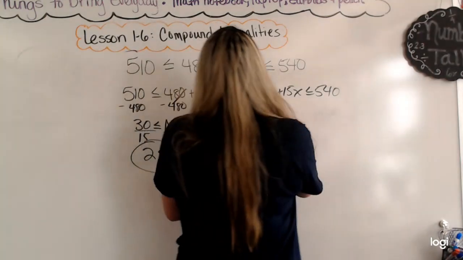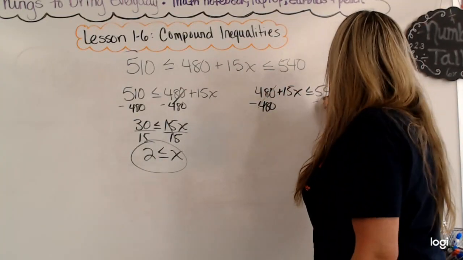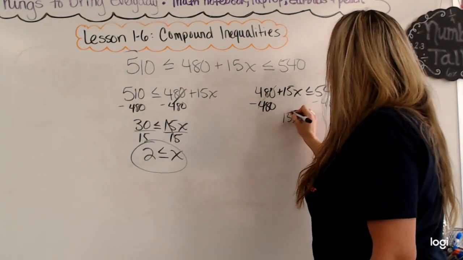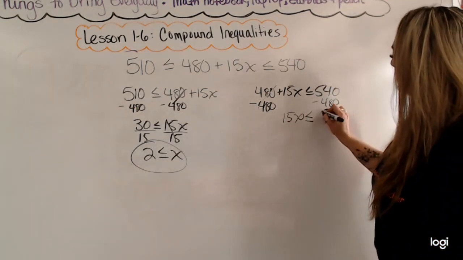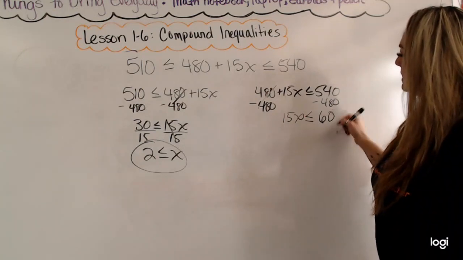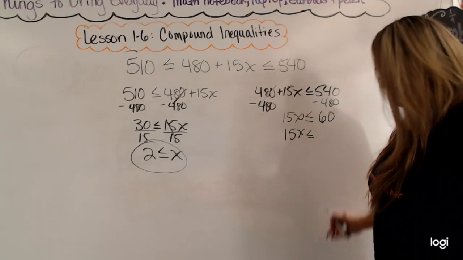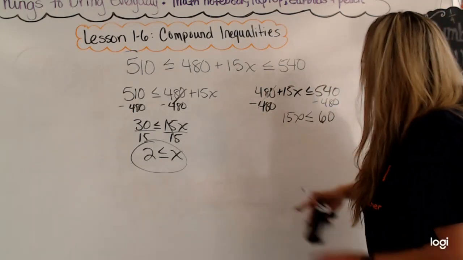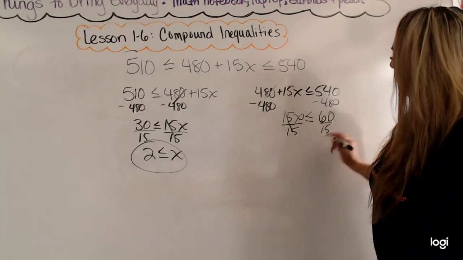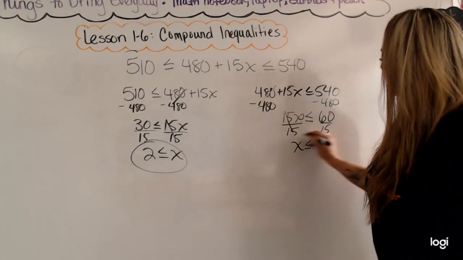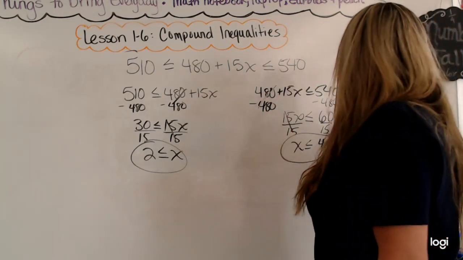Over here, we're going to get 15x is less than or equal to, and in this case we have a difference of 60 calories. So 15x is less, no, sorry, we're dividing by 15. There's 4 15s in 20. So if she's eating 540 calories, that means that she can have 4 treats.